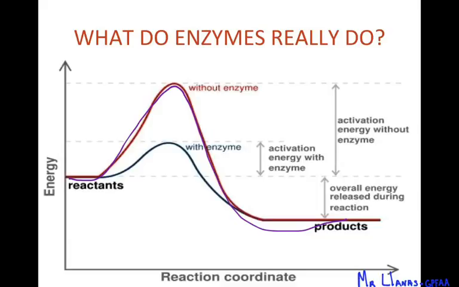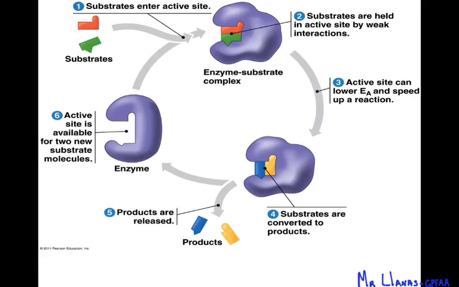That takes a long time to go up there. But with an enzyme, we can reduce the activation energy, so the hill is actually smaller. You get the same result, it's just that you get it much faster. That's what enzymes do. Enzymes lower the activation energy for these chemical reactions to happen. Remember that they are very specific.